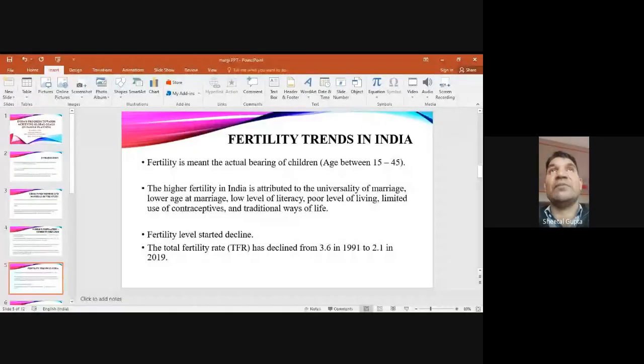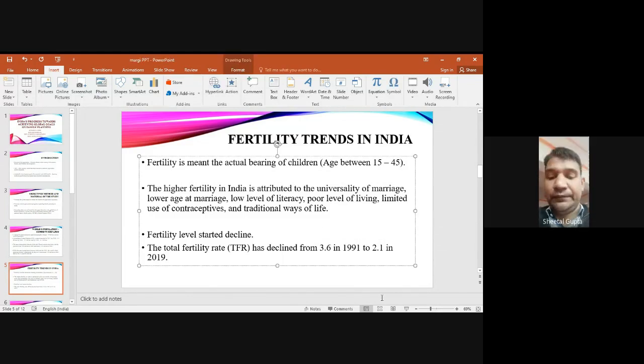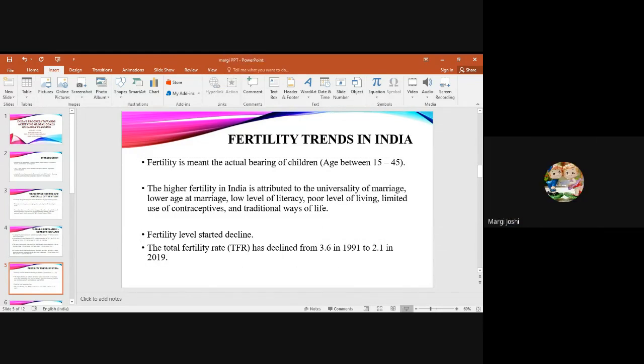Is it visible now, sir? No, ma'am, please share again. Yes, ma'am, visible. Please select with the help of the mouse, then you can move it. Okay, thanks, and continue. Is it moving, sir? Yes, ma'am, it's moving.